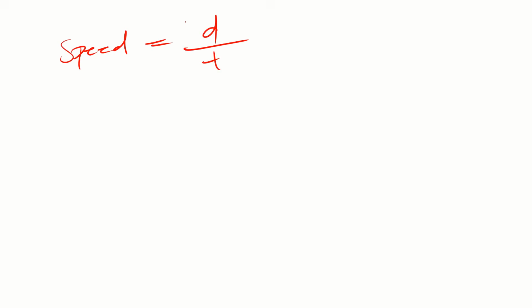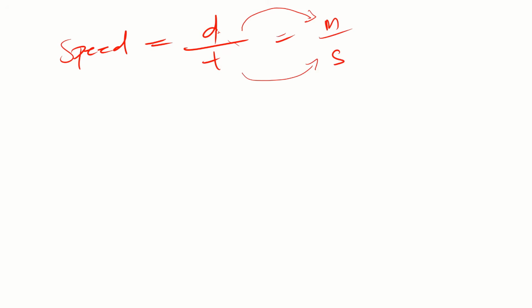So, the standard unit of speed is meter per second. Since this is the standard unit of speed, therefore, distance must be something that can be measured using meter, and time must be something that can be measured using seconds.